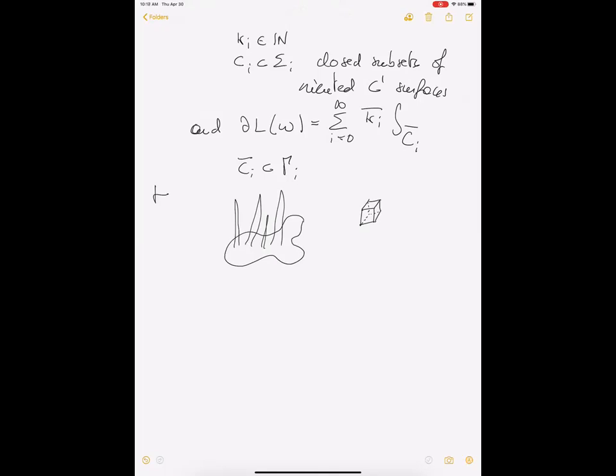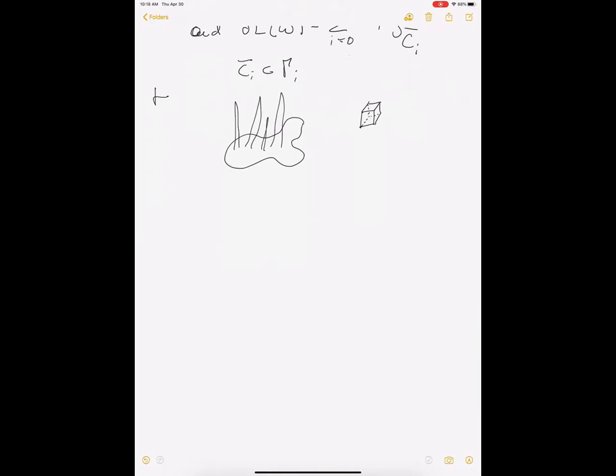And the Federer and Fleming theory says that in the space of integral currents, there is a minimizer of the mass if you fix the boundary.